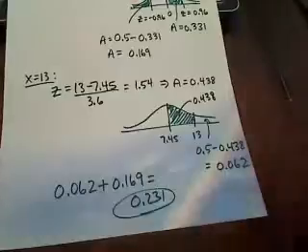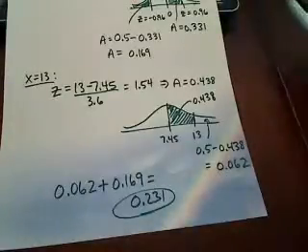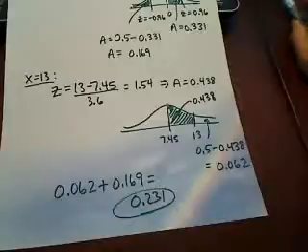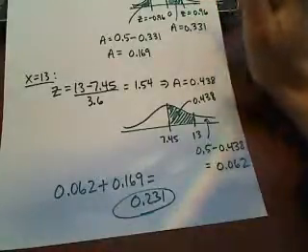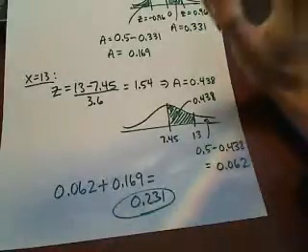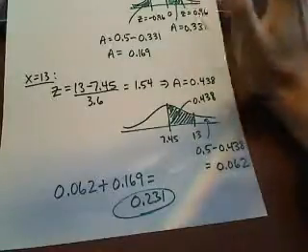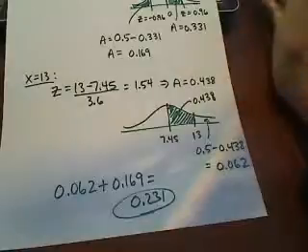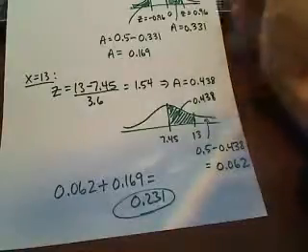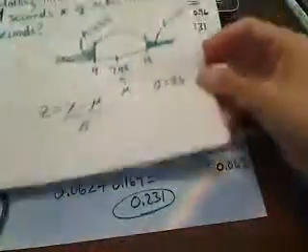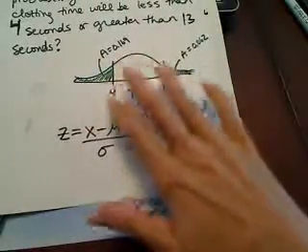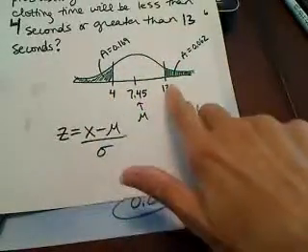In these problems, it's really important that you draw out these pictures for yourselves because otherwise it's kind of difficult to see what's going on in terms of what the z-score that you're getting is referring to. Is it referring to what you're actually looking for? Is it referring to another portion of the chart? This is why it's really important to start with a picture that's identifying the areas that you're trying to find.